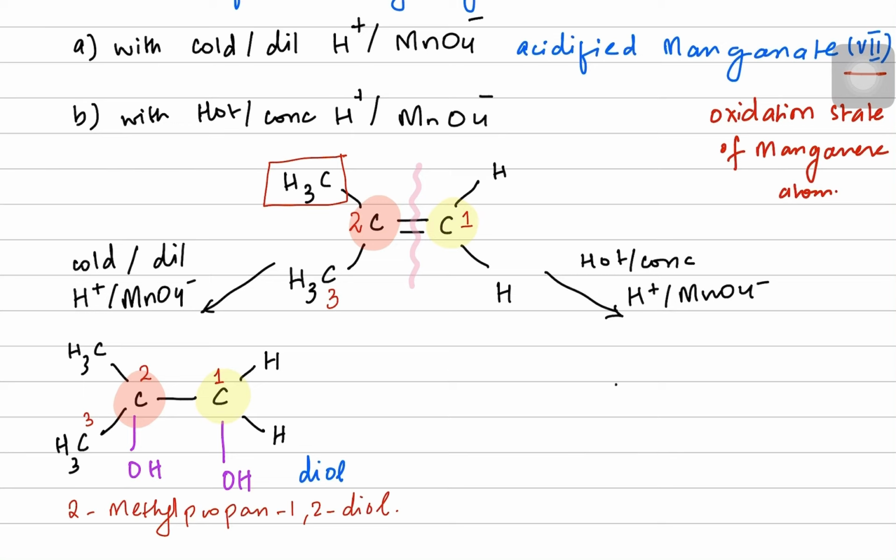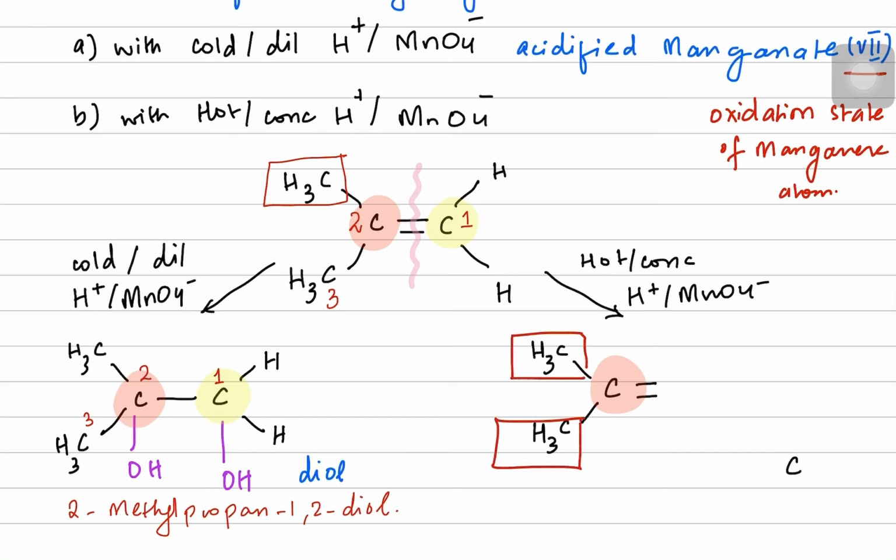So both carbons will move away from each other. Carbon number 2 and carbon number 1 will break both their bonds. They both move away from each other. I'll focus on only carbon number 2 right now, the one in red. You can see that it had 2 methyls. The methyls are still here.